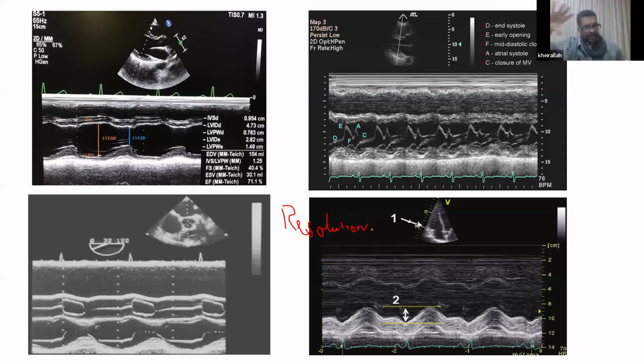For example, if you have a camera whose temporal resolution is poor and you are trying to capture a moving object, it's going to be hazy. But if your camera's temporal resolution is fast, okay, you are going to freeze the motion. The motion is going to be high quality, so your imaging will be good quality.